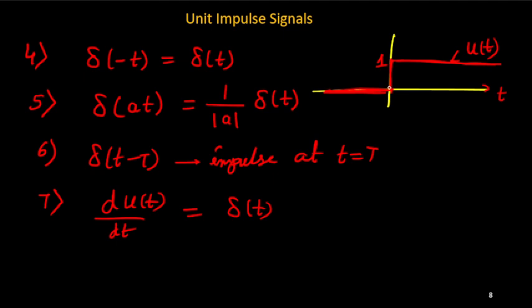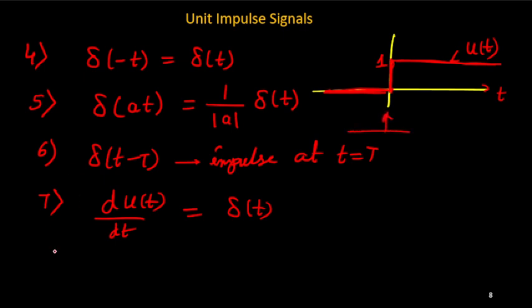But here there is a sudden change. This sudden change corresponds to a slope of 90 degrees, and tan 90 is infinity. That's how the derivative of u of t becomes an impulse, and here you will be getting one impulse.